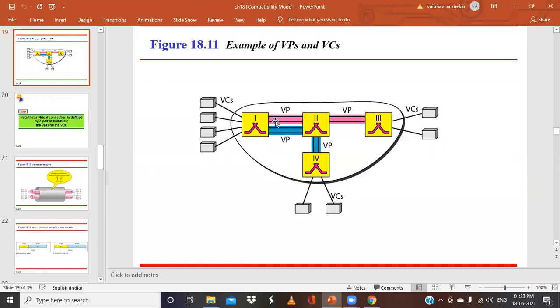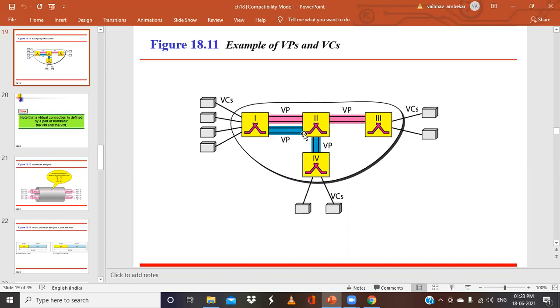Inside that the same lane has to be followed, and then it reaches the next switch. Again, it will add the information. The information will be the same, it follows the same path, and then it reaches the destination. In this case, you can see that the virtual paths are labeled with different colors, because the two highways, or two routes, are different.